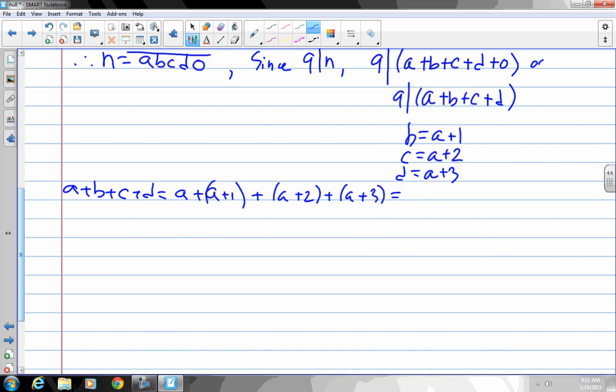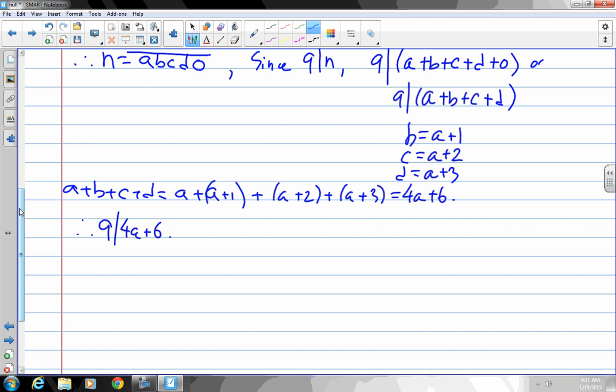If I simplify that, I'll get 4A plus 6. So therefore, 9 divides 4A plus 6. All I have to do is find A. If I find A, then I'll know B, C, and D, and then I'm done, because I already know E. E equals 0 in this case. All right, the only way to do that one is by trial and error.